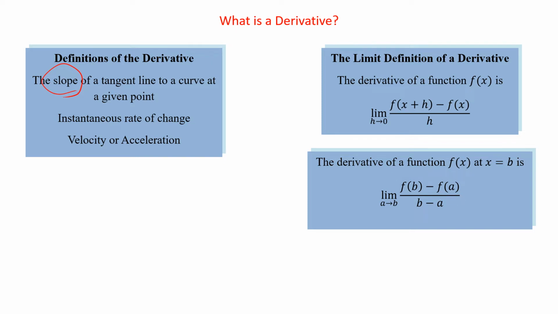Honestly, I use the top one almost always. The bottom one is easier if you are finding the derivative at a certain point, but even for that, I use the top one, and we'll see why later on when we do an example.